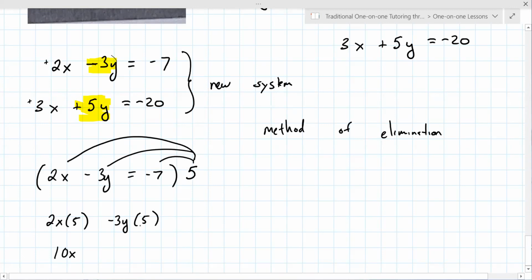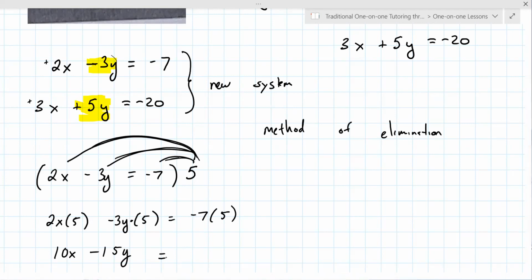We're multiplying. That's what the distributive property is. Minus 3y times 5 is negative 15y, good. And then minus 7 times 5, what does that become? What is 7 times 5?